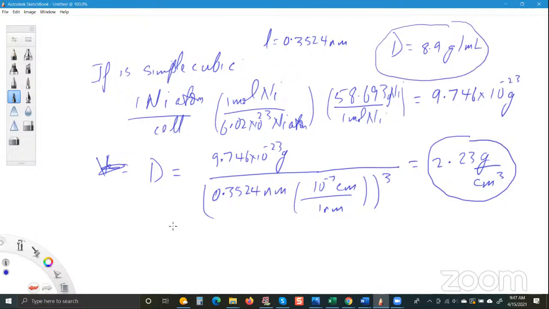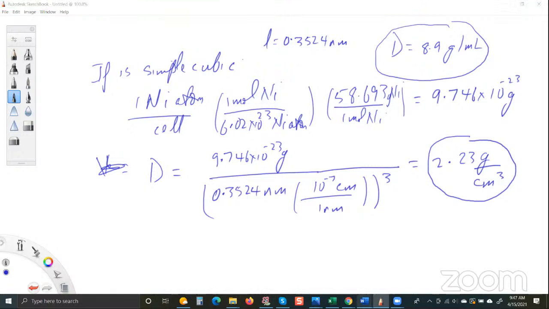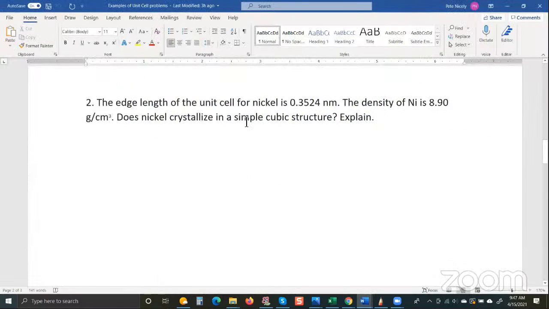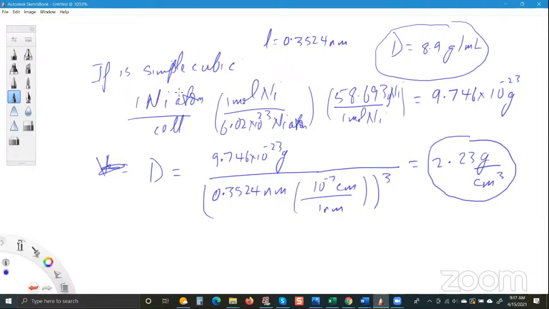So therefore, the conclusion we can come to in answer to this question, does nickel crystallize in a simple cubic structure? The answer is no, all right? And that's because the density that is given for nickel is not the same as the density that is calculated based on the assumption that its crystallized structure would be simple cubic.